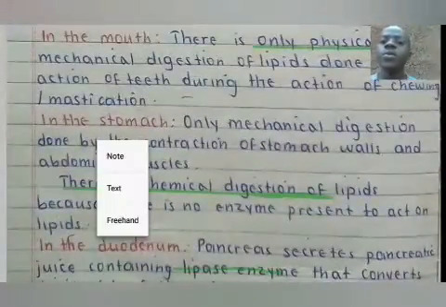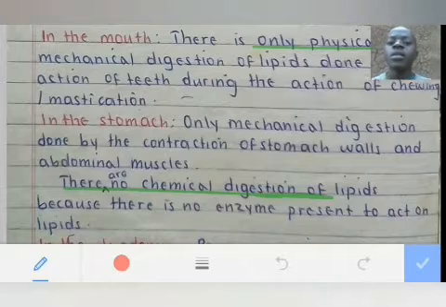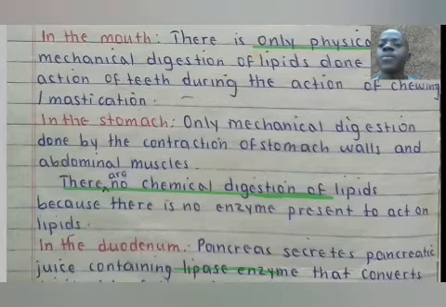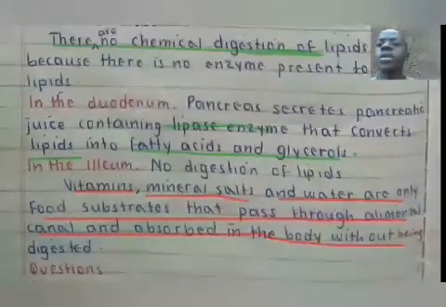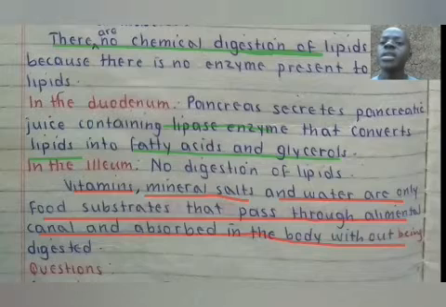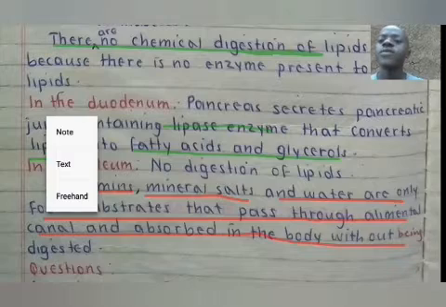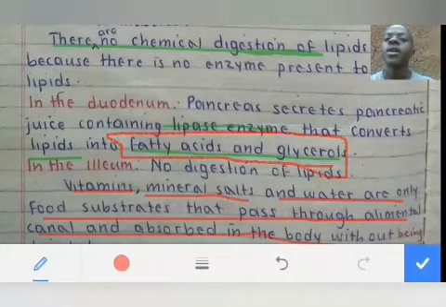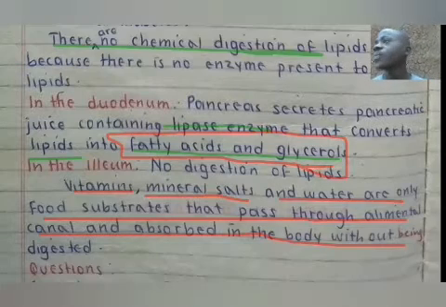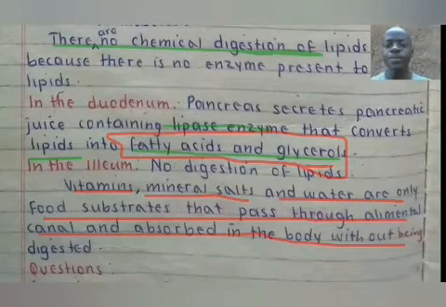The end product of lipids, as we have seen here in the duodenum, where they end, is fatty acids and glycerol. And we have also seen those substances that pass without being digested.